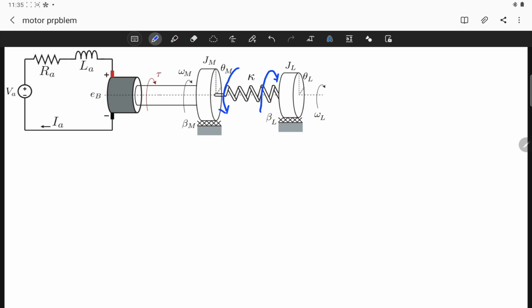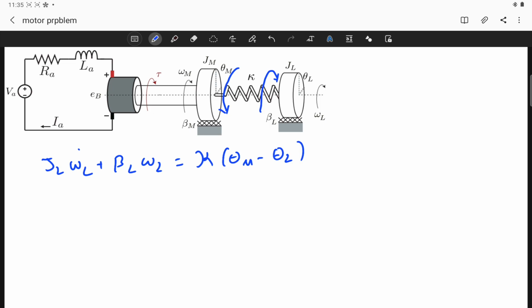So in that respect, we can write that J_L times omega_L dot is equal to kappa times (theta_M minus theta_L). That's nice, because we assume that theta_M is larger than theta_L, so it can drive the motion.